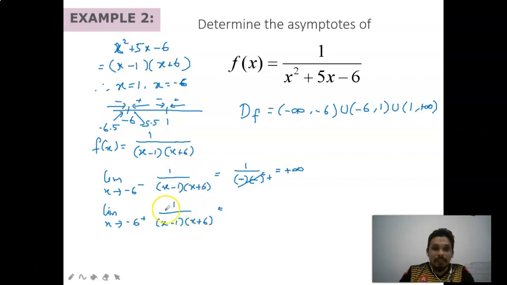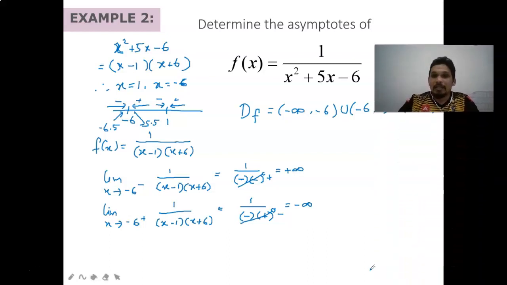Negative 5.5 minus 1 is negative 6.5, and negative 5.5 plus 6 equals positive 0.5. So a negative value multiplied by a positive value equals negative, and 1 divided by a negative value will give you negative infinity.